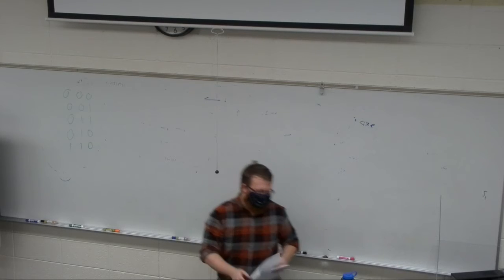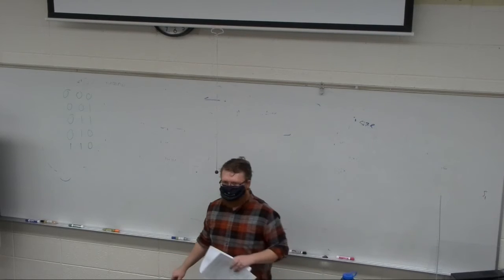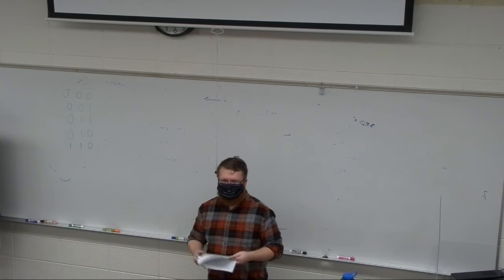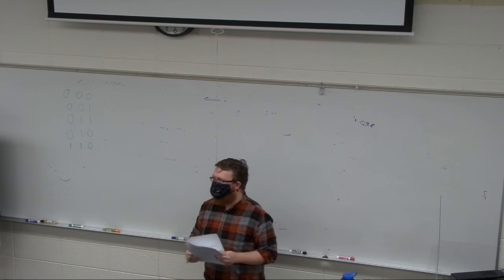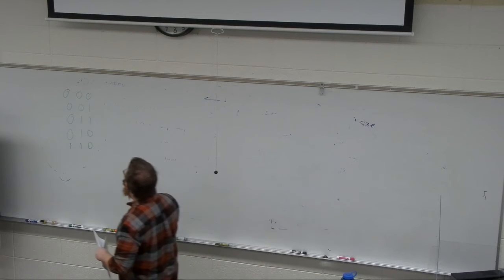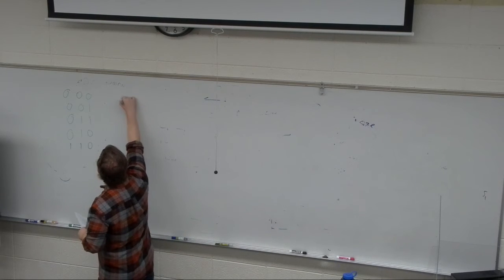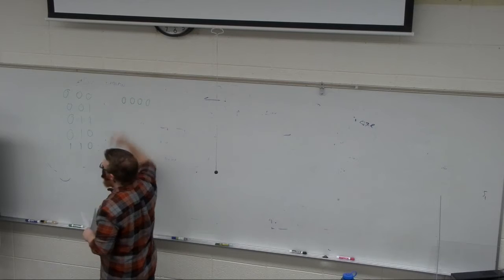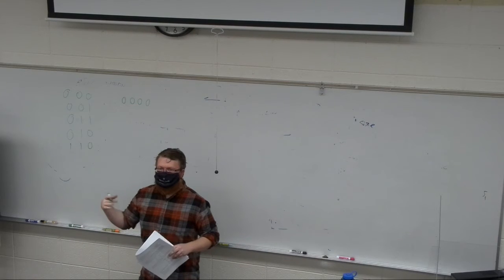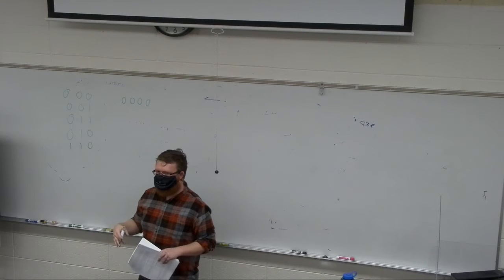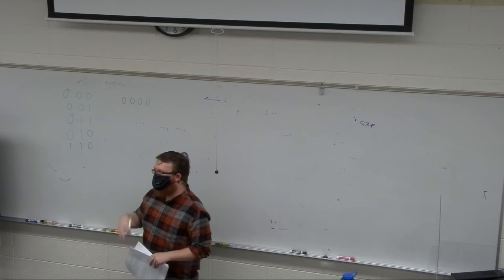Did we talk about binary coded decimal last time? Do you guys remember? Yeah, so it's pretty easy. It's just that you use 4 bits for one number between 0 and 9.